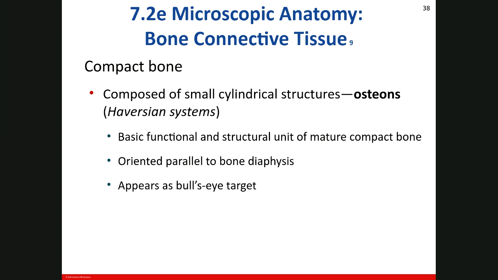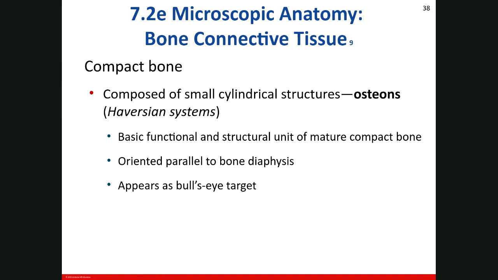Now about the compact bone. What do we have in compact bone? Our compact bone and the spongy bone both have a unique microscopic architecture. First, about the compact bone. The compact bone is composed of small cylindrical structures, which we call osteons.